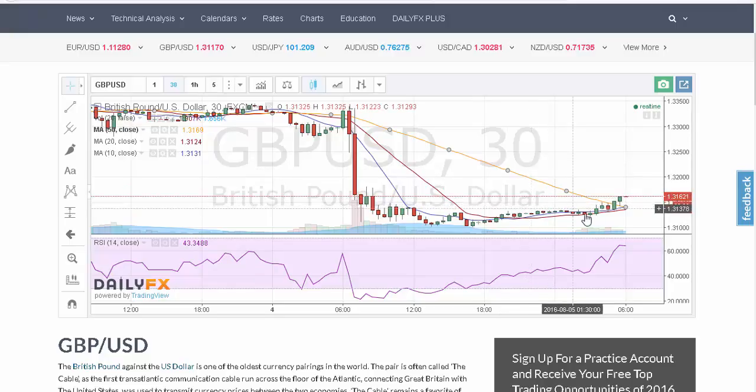I also felt that it might make a little break up early on in the morning and then continue the down move. That hasn't happened yet. We'll see.